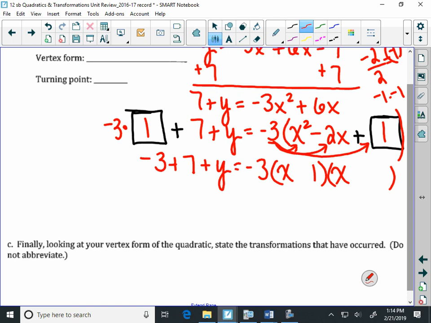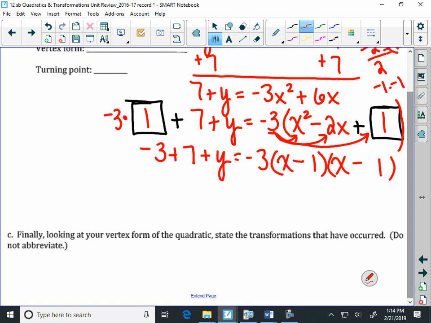It's going to be 1 times 1, and the sign in front of the 2 is a negative, so these are both going to be negatives. Negative 3 plus 7 is 4 plus y. And then we get x minus 1 squared. And we'll subtract 4 from both sides.